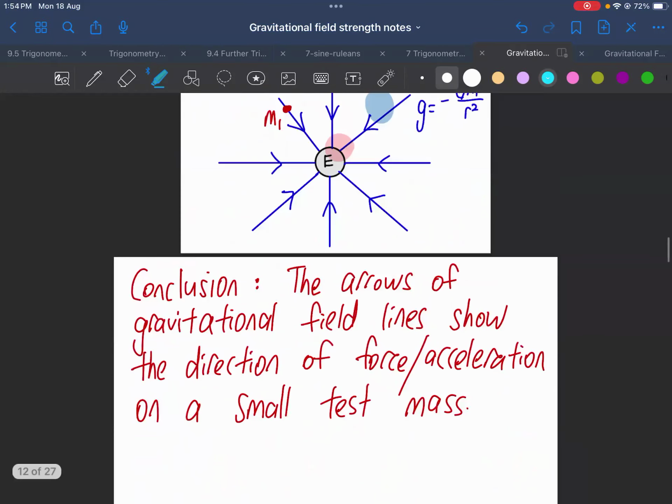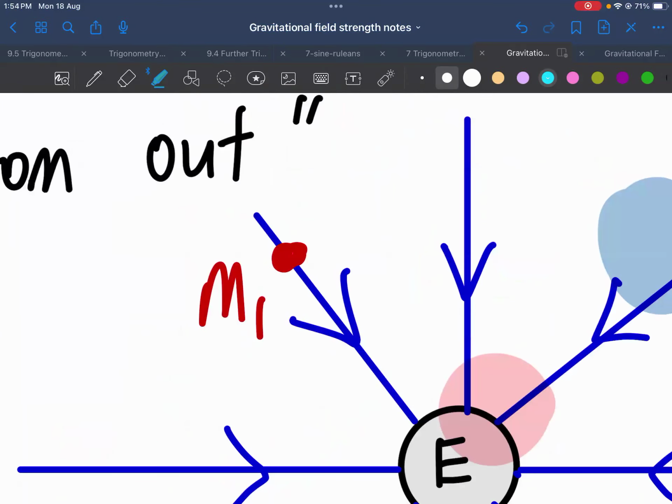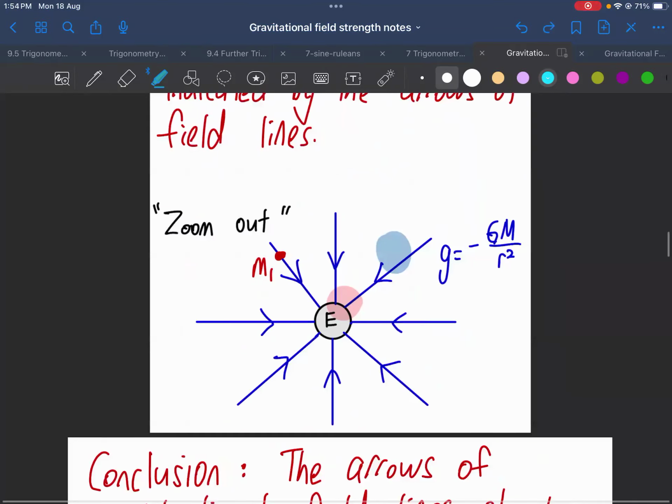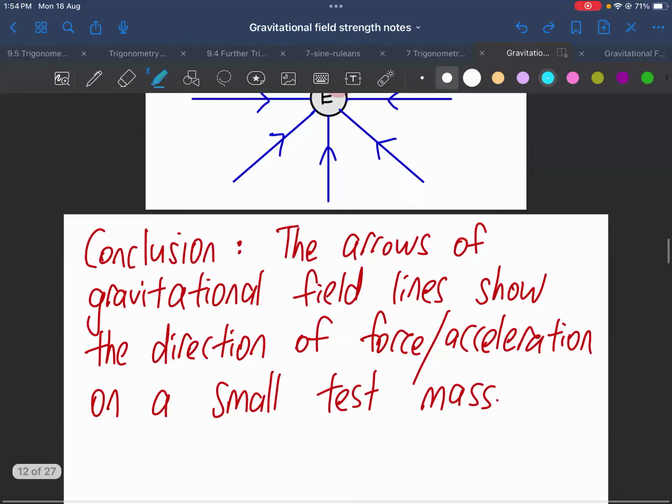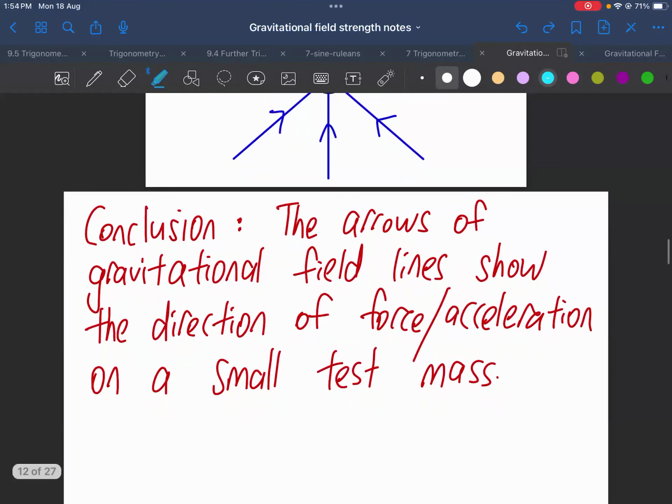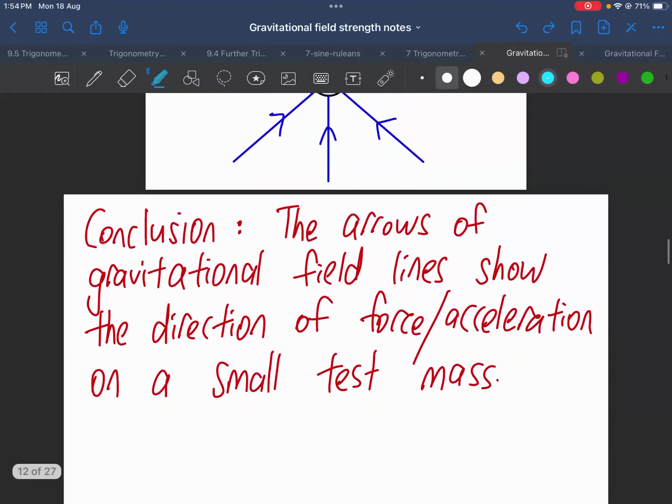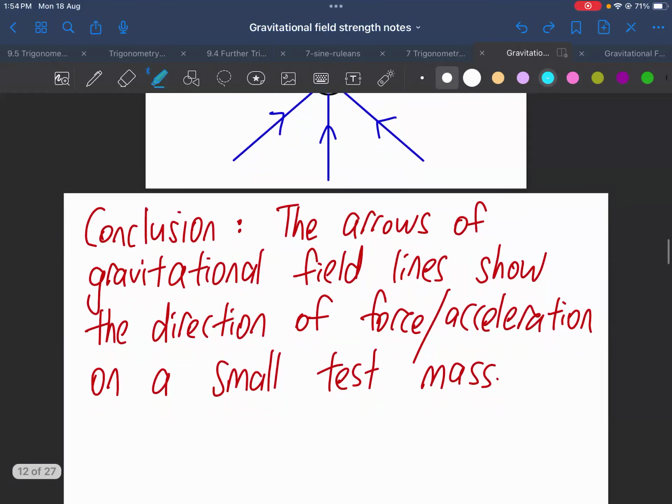If you put M1 here, it will fall down to the Earth according to this arrow, isn't it? So that is why the arrows of gravitational field lines show you the direction of force or the acceleration acting on a small test mass.